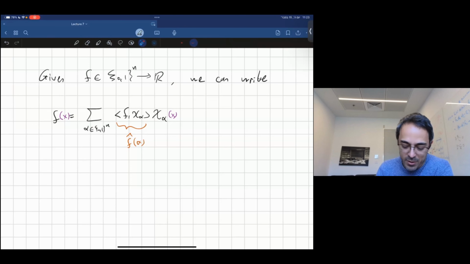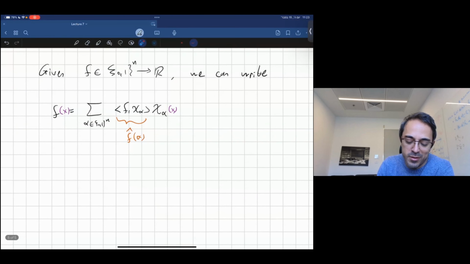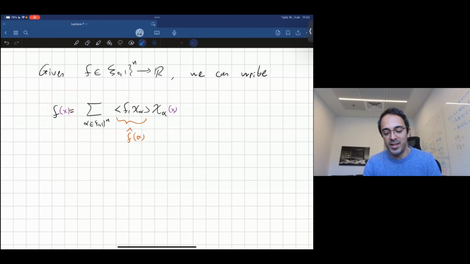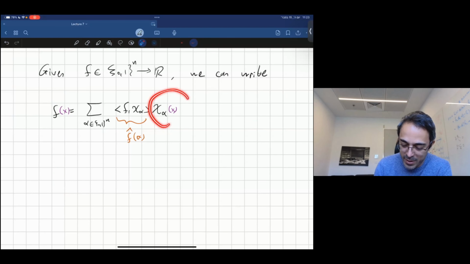We'll see an example, but just to say, in our context, if you have a PRG for a class, and you want to ask to what extent it is a PRG for another class, then that's exactly what you should do. You should try to express your function in terms of the functions in the class that you already know how to fool. We know how to fool these functions using epsilon bias sets.